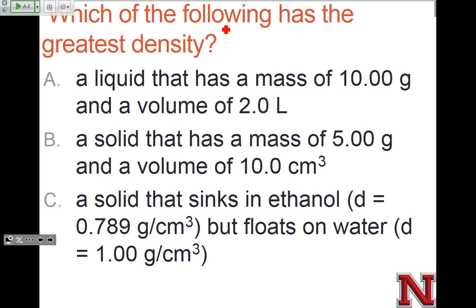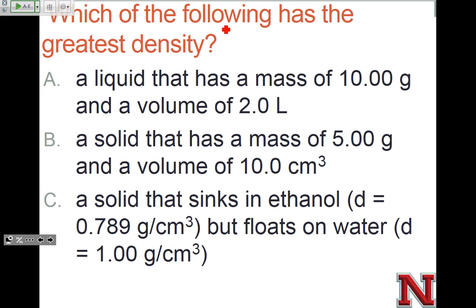So we can do a conversion from liters to centimeters cubed. Now you might say, well, I don't know that conversion, but you should know your conversion from liters to milliliters. And then you know 1 milliliter equals how many centimeters cubed. So you know that one already. B, you're just not calculated correctly because you're not actually shown the actual density, but we just showed how we could do that, which is 5 grams divided by 10 centimeters cubed.